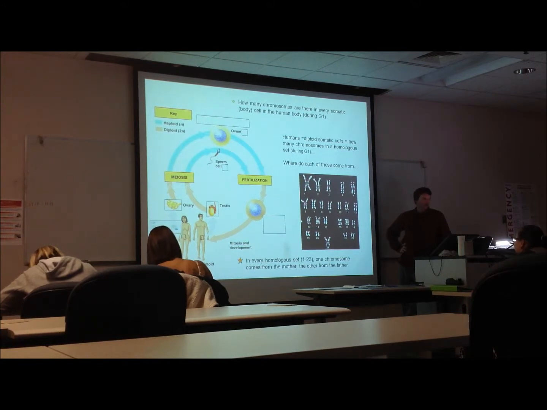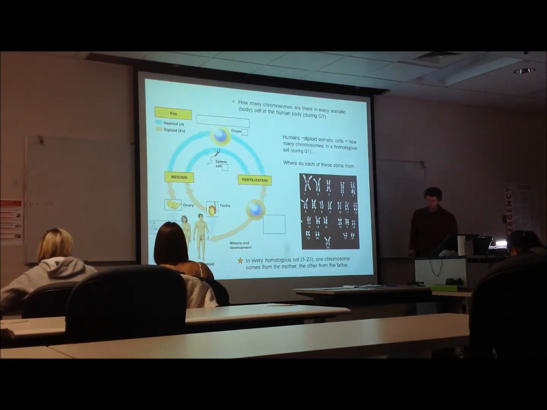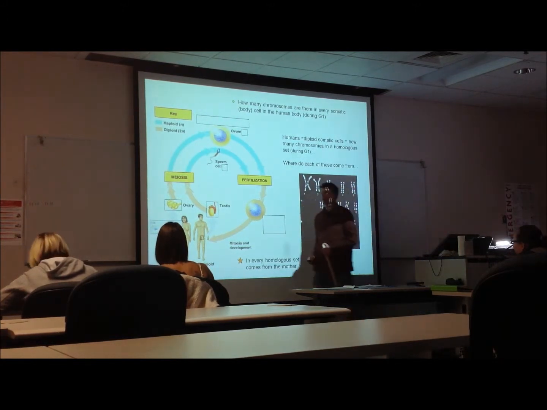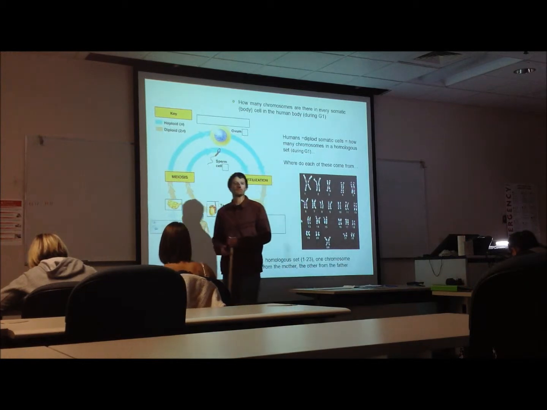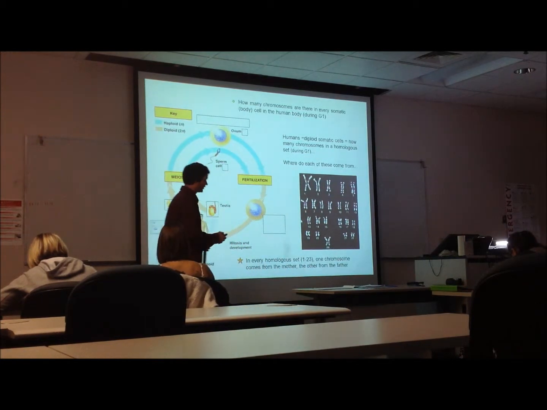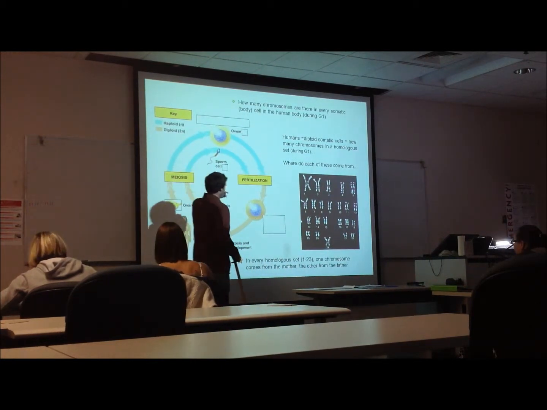So if we're considered diploid organisms, how many chromosomes are there in a homologous set? 2. Right, diploid refers to 2. Where do each of these homologous chromosomes come from? One from your mother, one from your father.